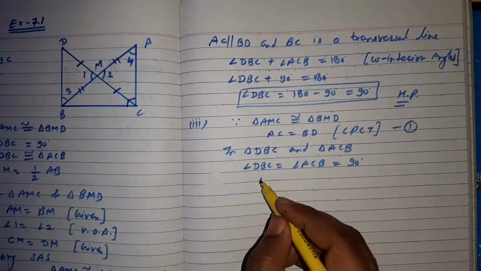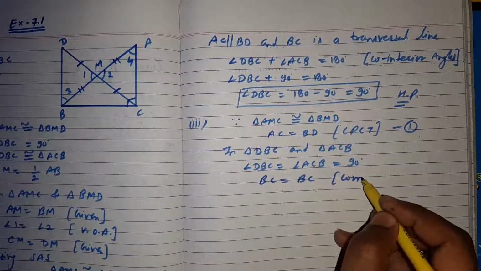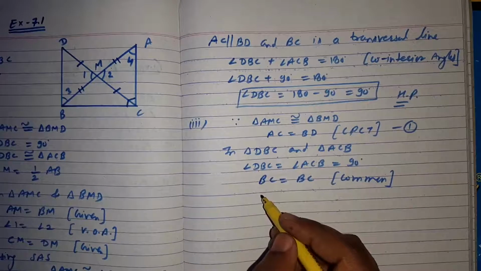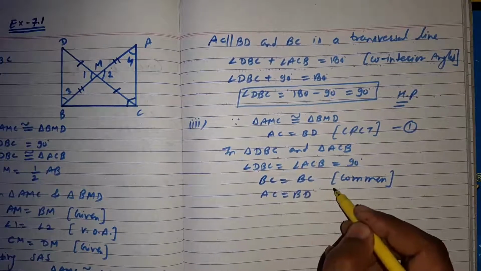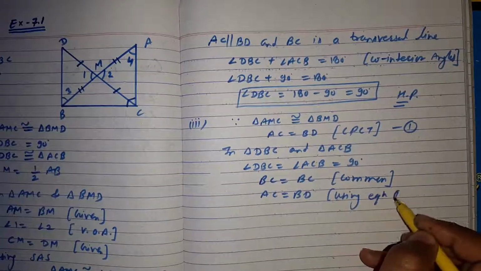And BC is equal to BC, a common side, and AC is equal to BD using equation 1, or you can write proved above.